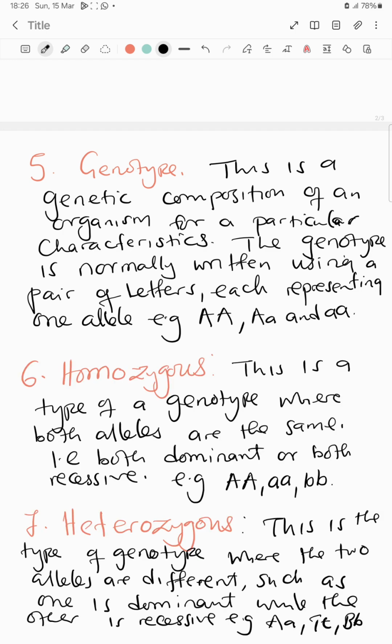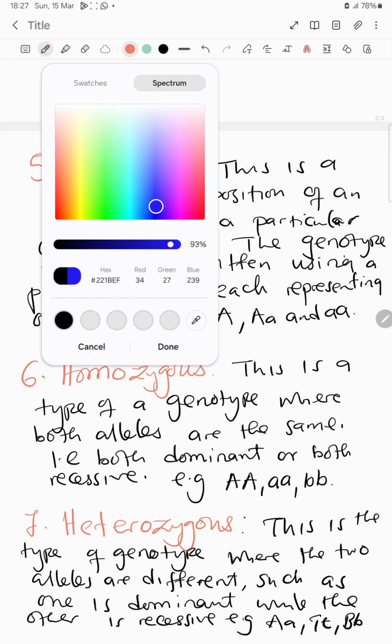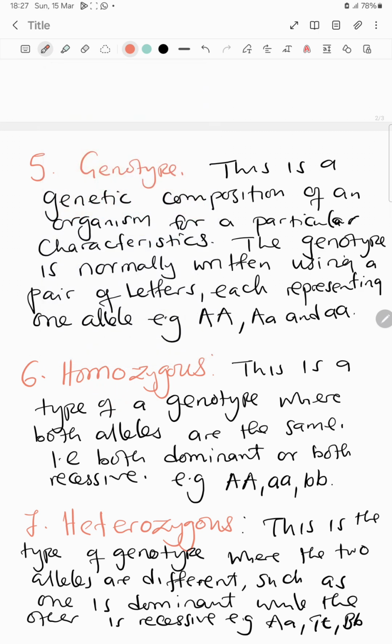Now we look at homozygous. This word homo means the same. So this is a type of genotype where both alleles are the same, that is, both dominant or both recessive.